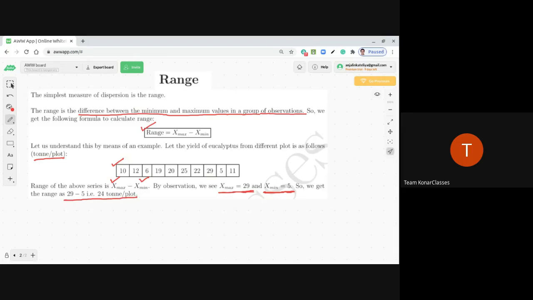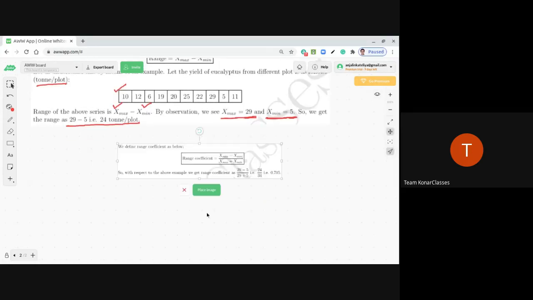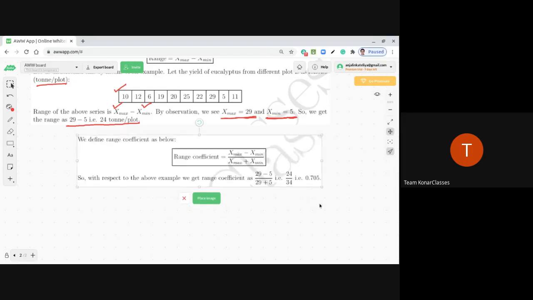So this is the fundamental idea about the range. I hope it is very clear, dear students, what range is. Now, as we understood about range, there is another term called the range coefficient. How do we define the range coefficient? Let me first bring the note here, and after that I will explain.